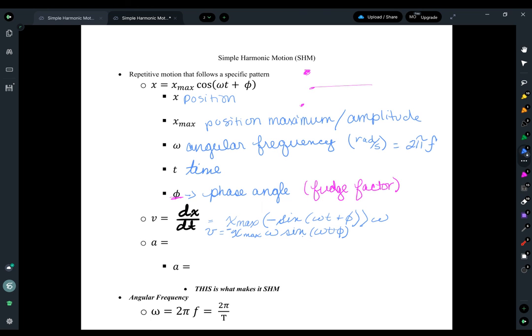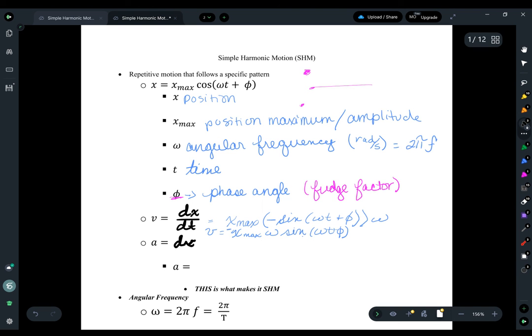And then we get to, of course, our favorite, acceleration. And if we're looking for acceleration, we know by definition it's the derivative of velocity with respect to time, or the second derivative of position with respect to time.